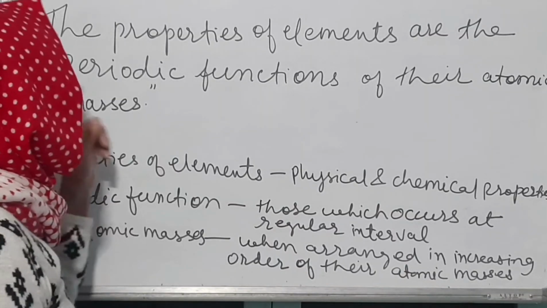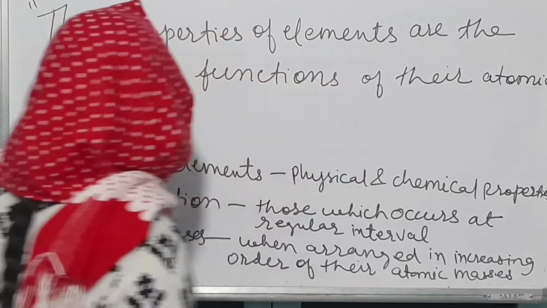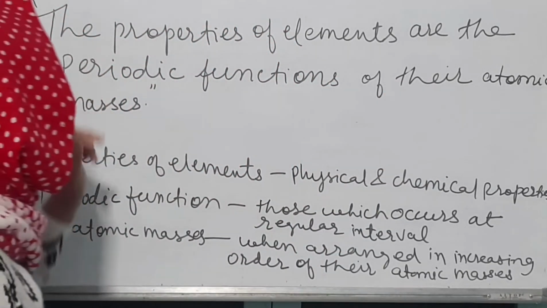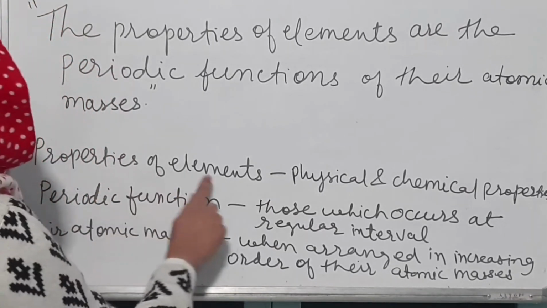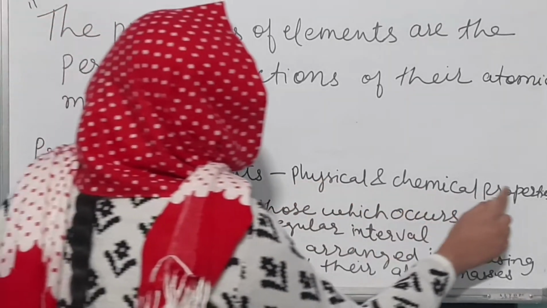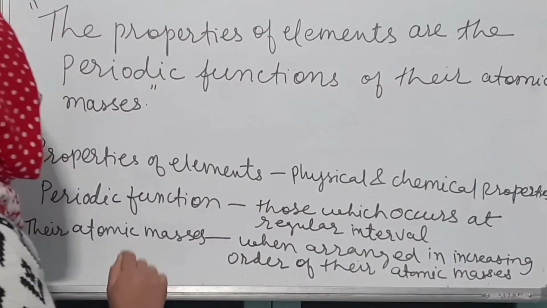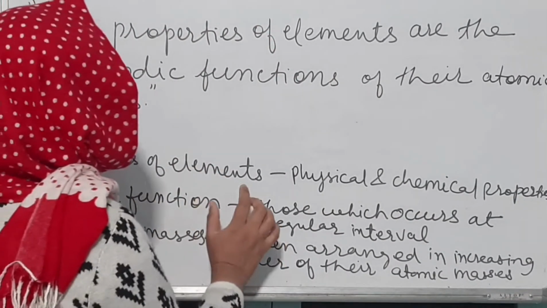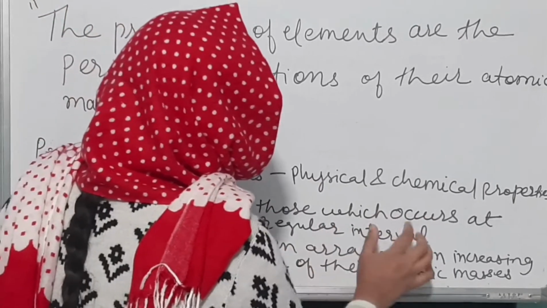The law says the properties of the elements are a periodic function of their atomic masses. What does it mean? It means the physical and chemical properties of the elements are periodic functions, meaning the properties occur at regular intervals.